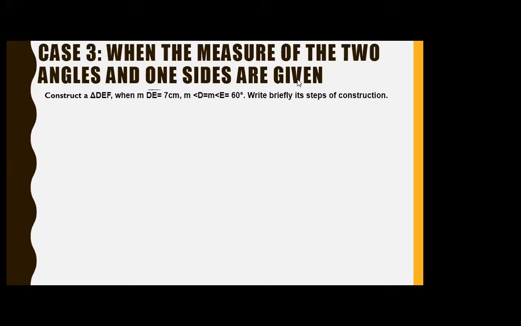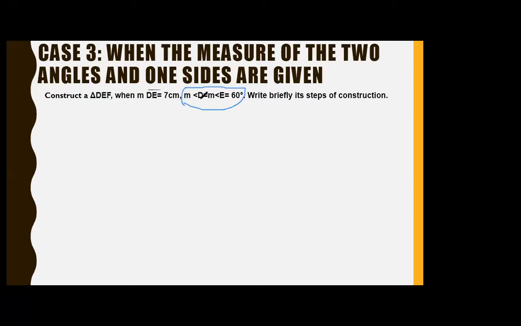Question 3, part 8. When measurement of two angles and one side are given. Here we have to construct triangle DEF when DE is given of 7 centimeter and measurement angle D and angle E is equals to 60 degree. What is meant by this line?